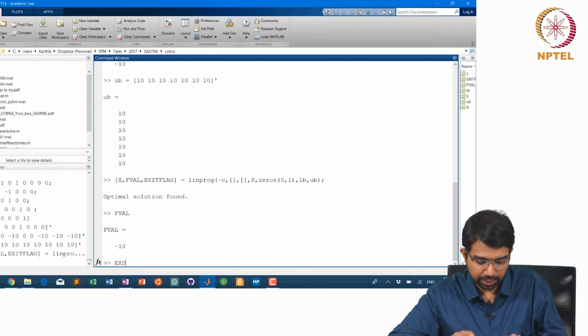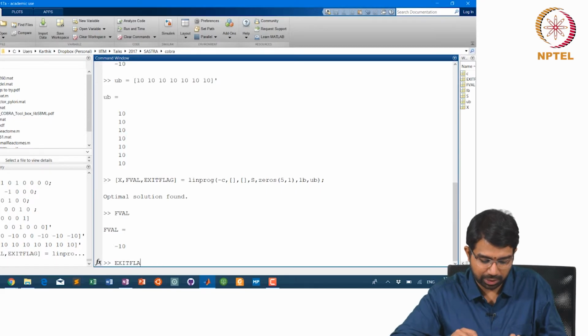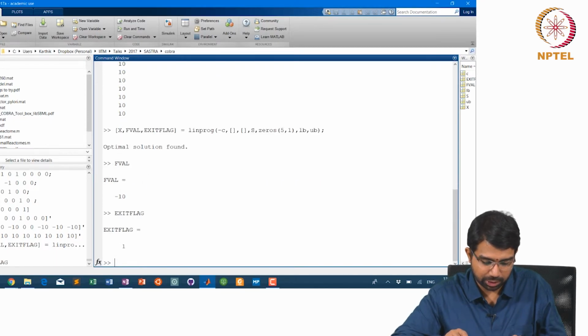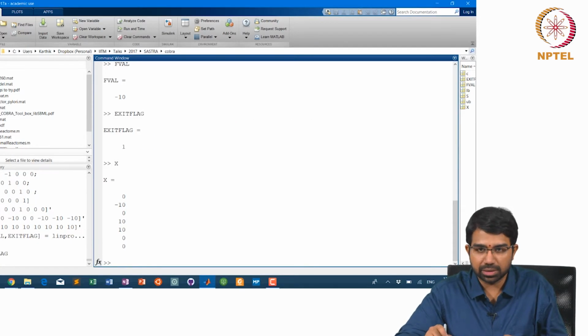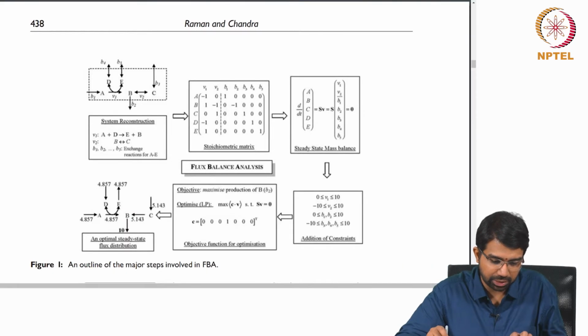Exit flag is 1 because it said an optimal solution was found, and x is this. You see it is quite sparse: 0, minus 10, 0, 10, 10, 0, 0.